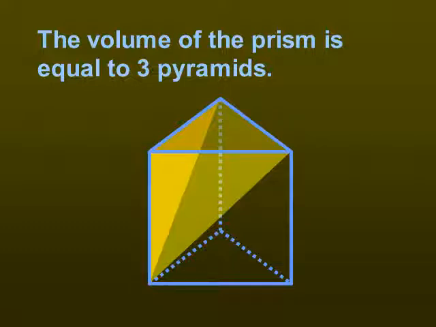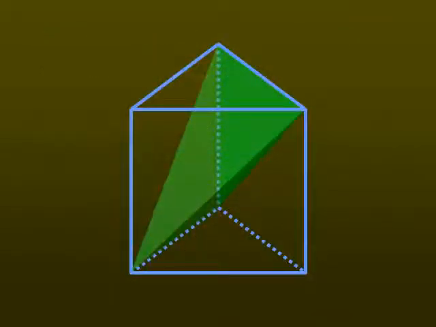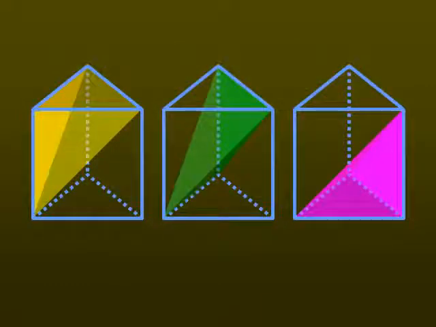So three pyramids can fit into one prism. Here would be the middle section, where before I showed you the top, and this would be the bottom section. So a third, a third, a third. I'm trying to prove to you that three triangular pyramids fit into one triangular prism.